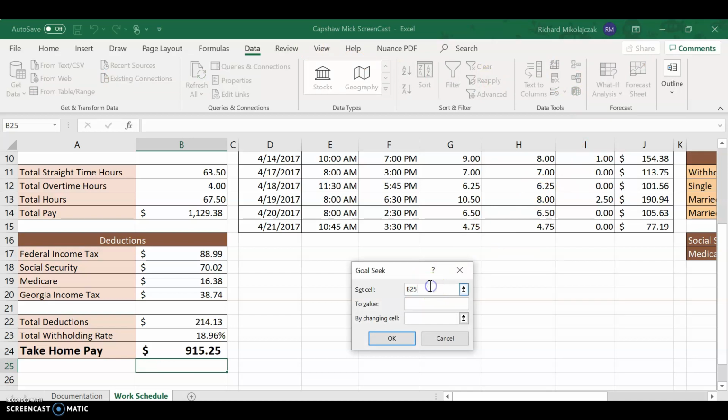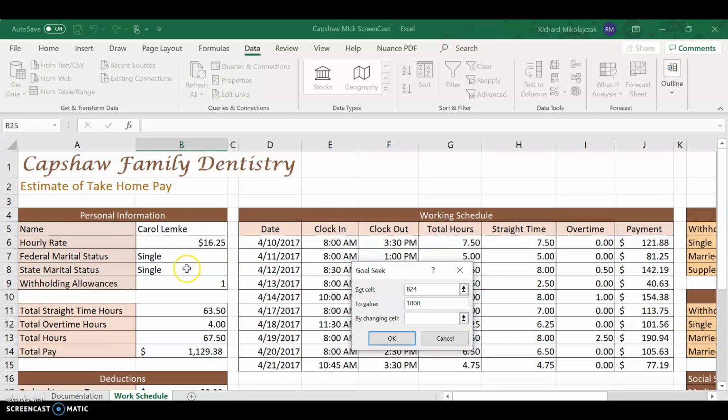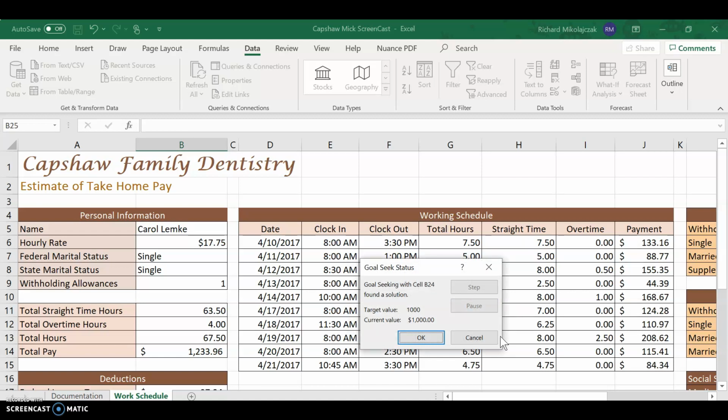We're looking at goal seek B24, which would be our take-home pay. We're changing the value to 1,000, and we're changing the value of our hourly rate, which would be B6. And then you say okay.